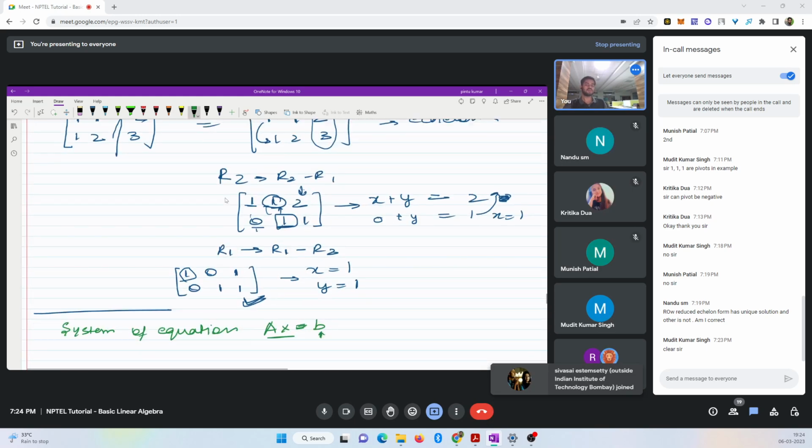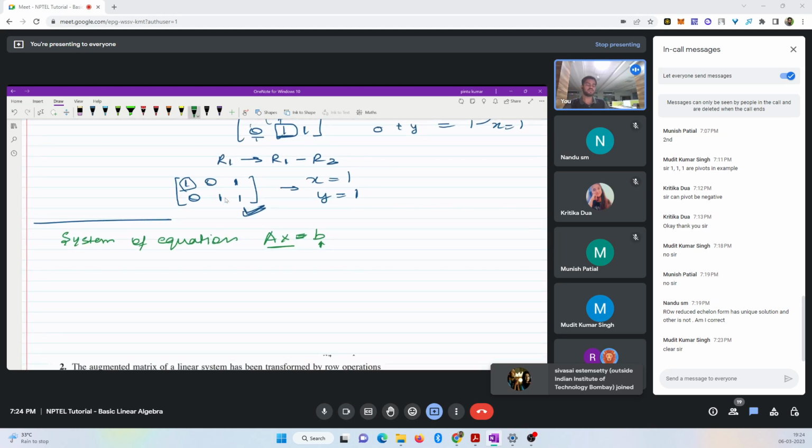So let's say of this form: a11 x1 plus a12 x2 is equal to b1, a21 x1 plus a22 x2 is equal to b2. We have some system of equations. We can have more variables and all those things.